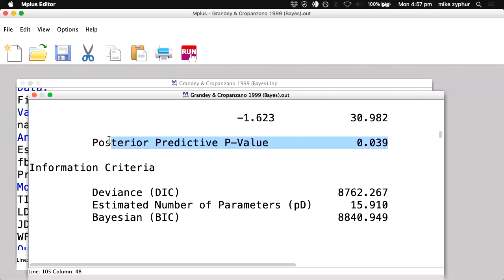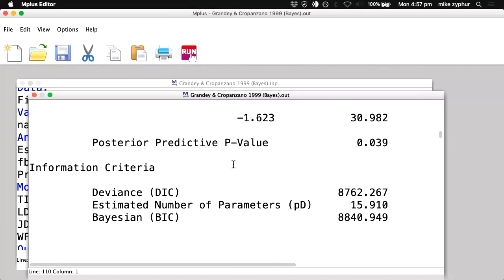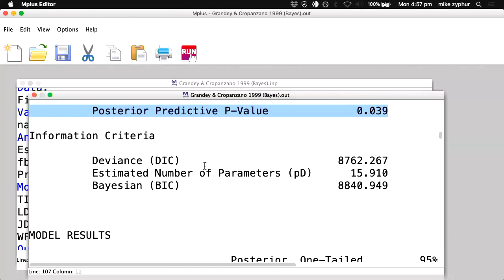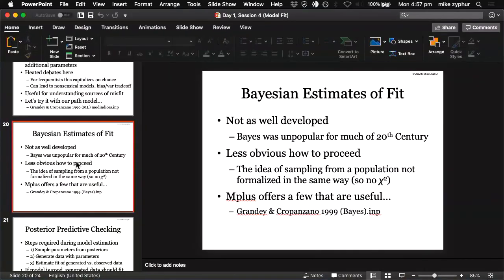And then this posterior predictive p-value, you want that to be small. Or no, wait, no, you don't. The PSR should be small, and this, on the other hand, let's go back to the slides and we'll see. And then you also get information criteria: the deviance information criterion, the Bayesian BIC. There is some literature on this. It's rather technical, and some of it's by the program authors. You can go look that up on your own.